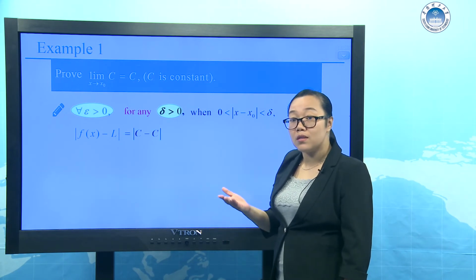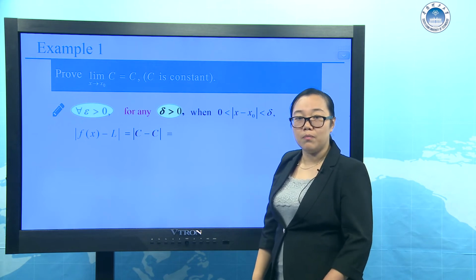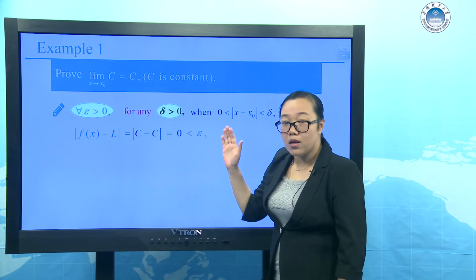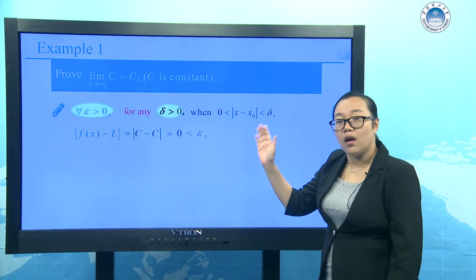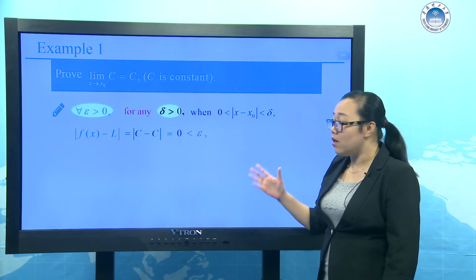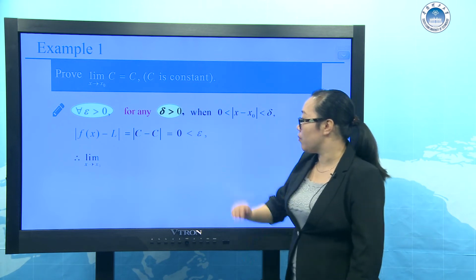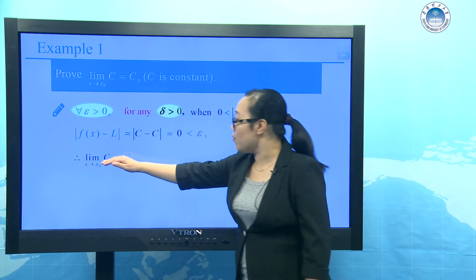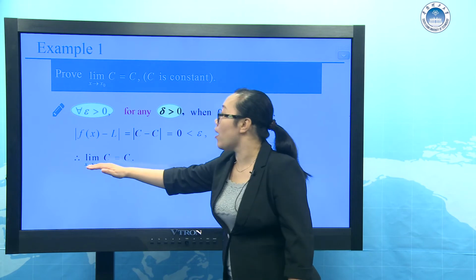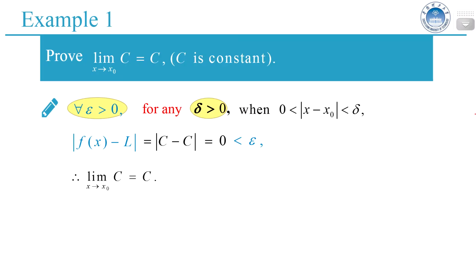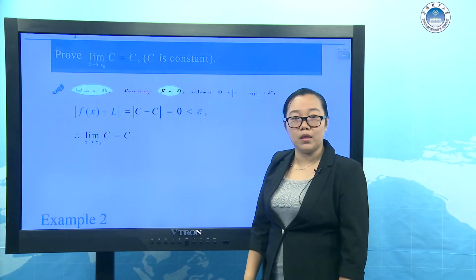The two same real numbers, c minus c always equals 0. 0 is always less than epsilon, so we don't care about the values of delta, which means any delta works. At this time, the limit of c equals c as x tends to x0. How to prove? According to the definition of limit.